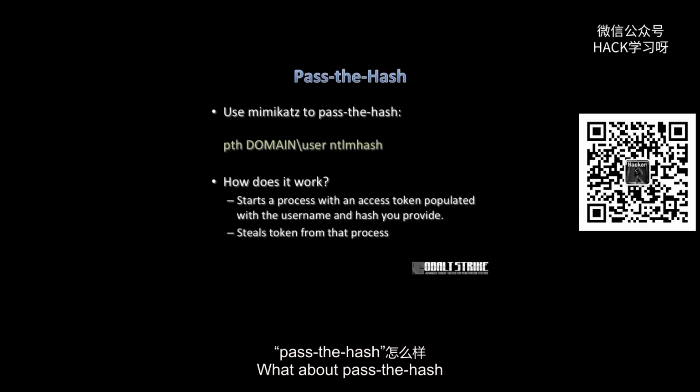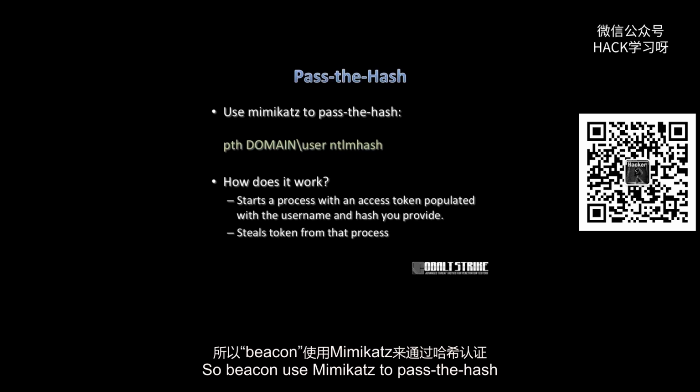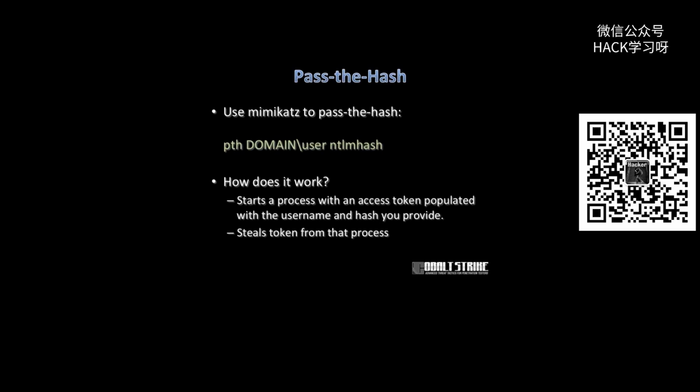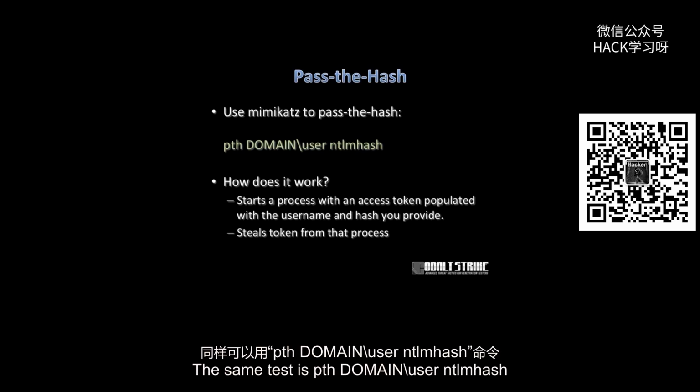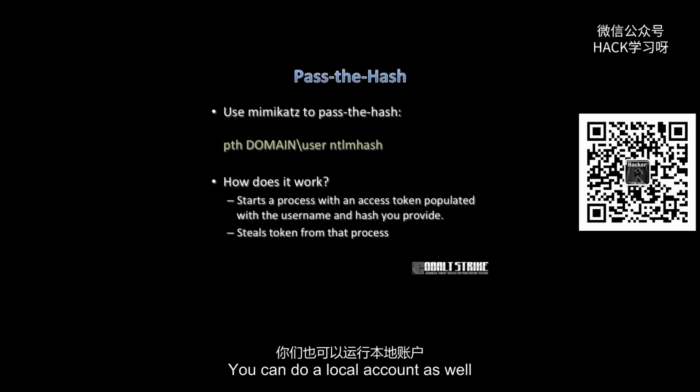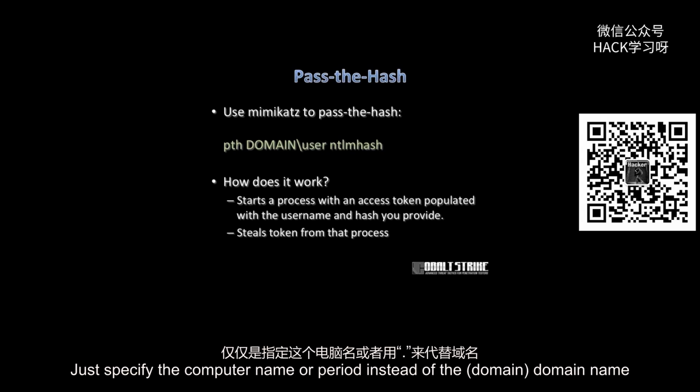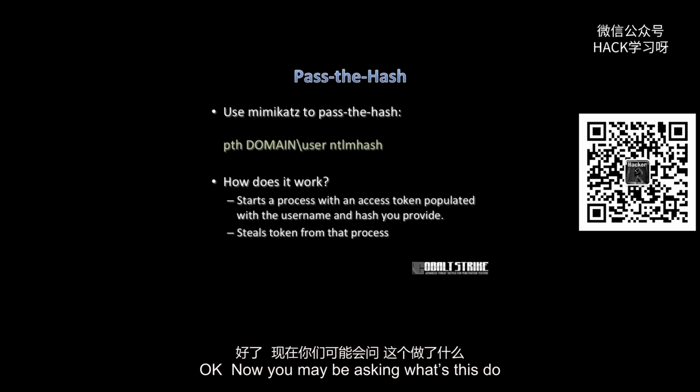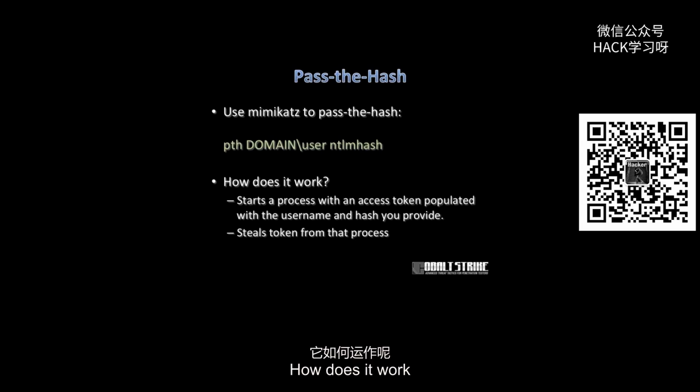What about pass the hash? This is a good one. So Beacon uses Mimikatz to pass the hash. The syntax is pth DOMAIN\user NTLM hash. You can do a local account as well, just specify the computer name or a period instead of the domain name. Okay? Now you may be asking, how does it work?